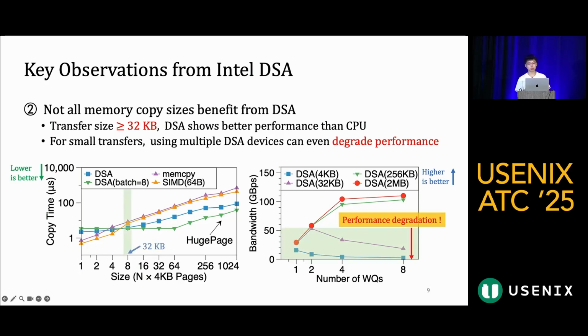This happens because the submitted descriptors are processed in a pipelined fashion, and the initial overheads dominate for small sizes, making CPU copy faster in that range. As the transfer size increases, the submission overhead of DSA can be disregarded, thereby showcasing its performance advantage compared to CPU copying.